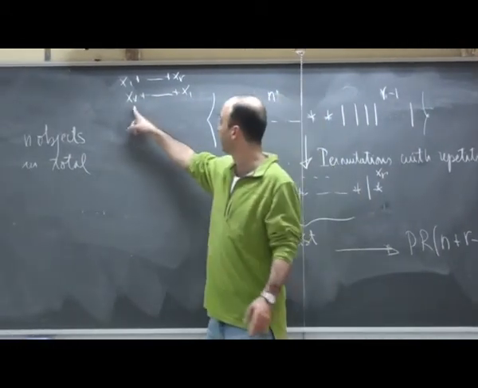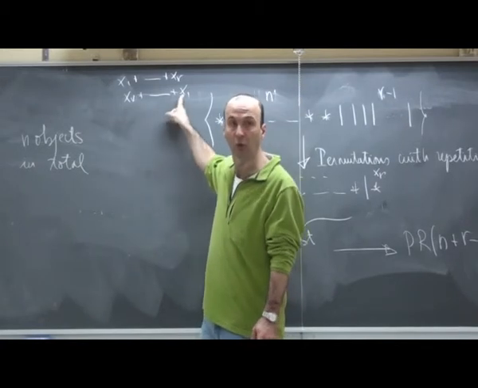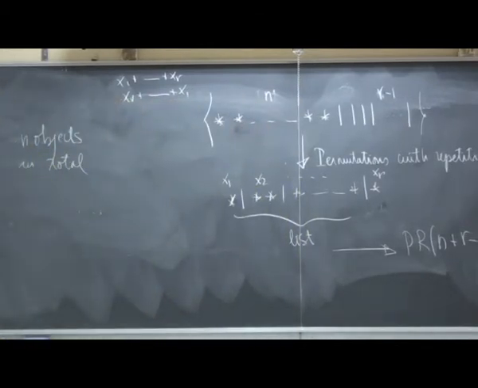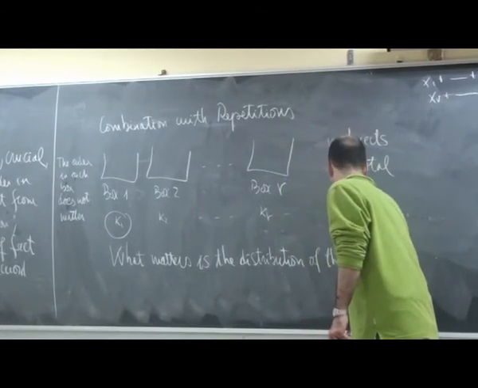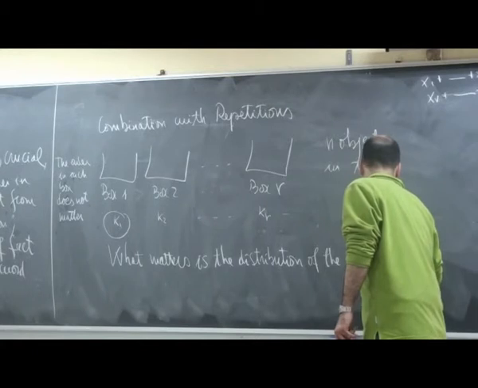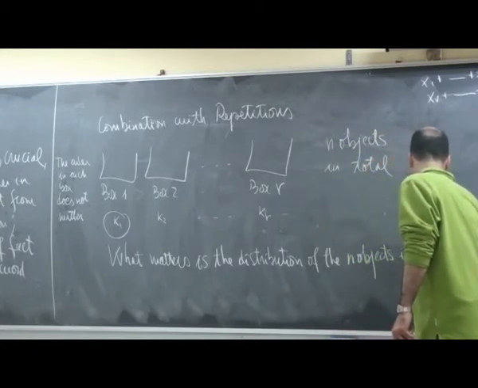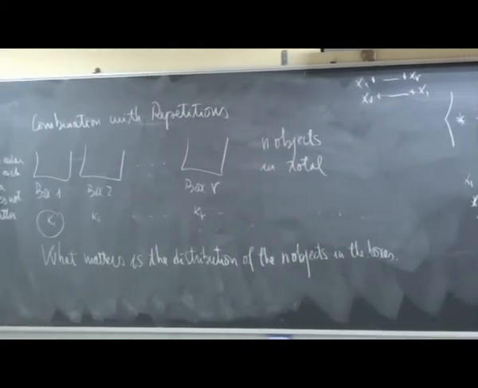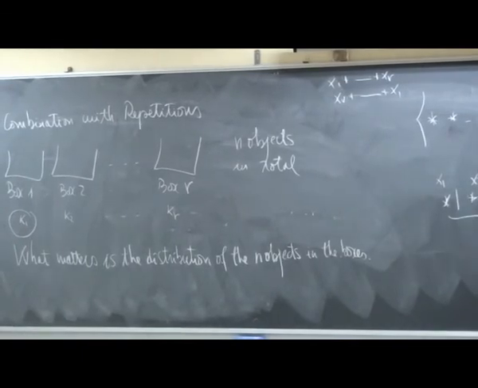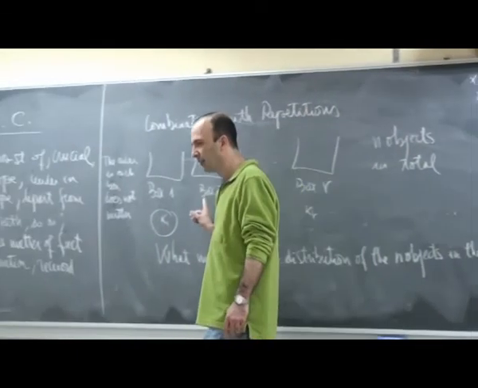What matters is the distribution of the n objects in the boxes.